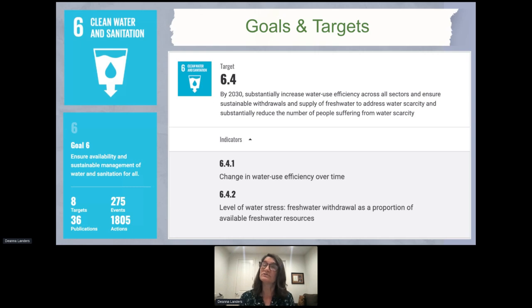So what you need to do as an organization, individual, or government is take these indicators and goals and make them your own. You need to identify what it is that we're going to do to fit into this. We'll define this as positive water use efficiency.